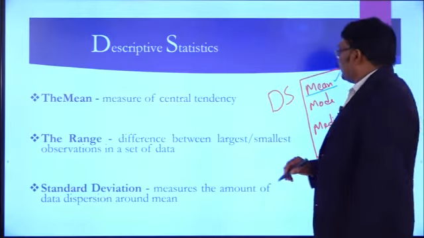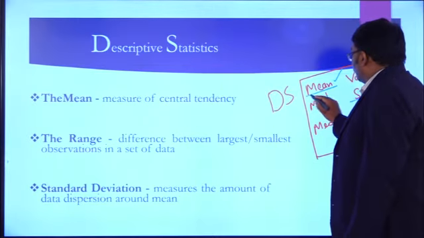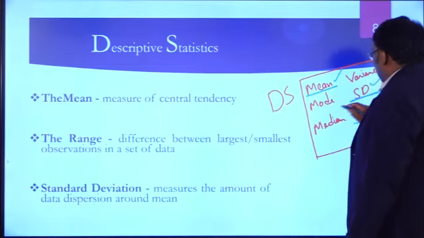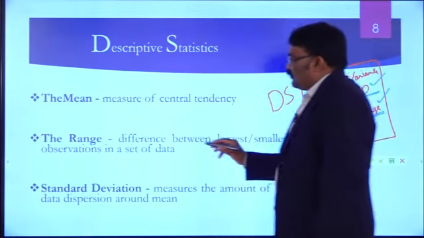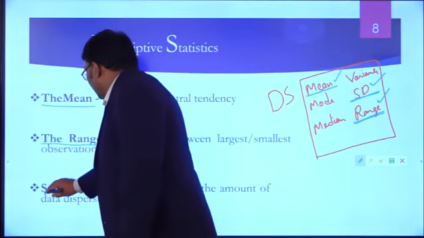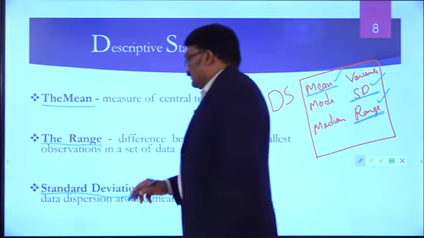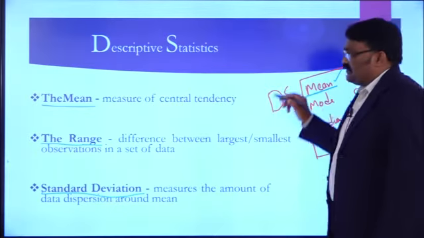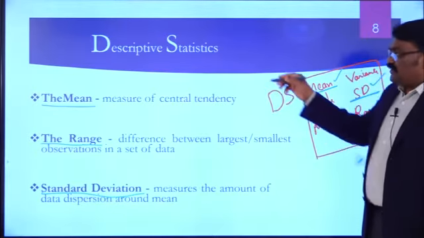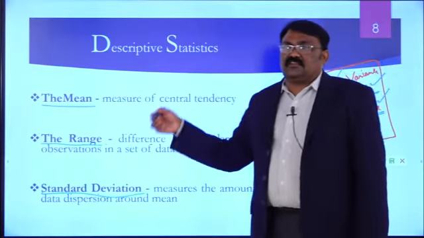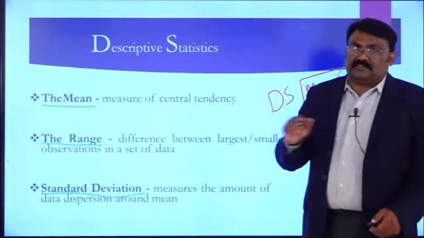So, under the statistical quality control limits, we use exclusively these 3, that is mean, range and standard deviation. Other than that, there are mode, median and variance as per the descriptive statistics, but they are not that much used in making the statistical quality control analysis.